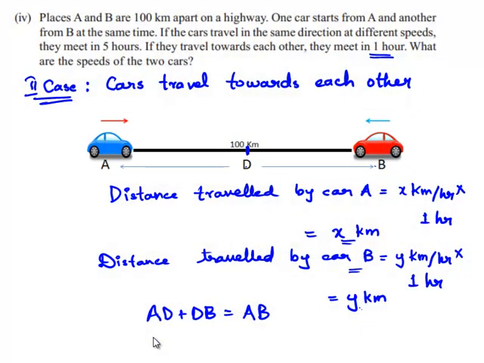AD is x kilometers, DB is y kilometers, and AB is 100. So x plus y is equal to 100. Let this be equation number 2. So we have obtained the two equations, that is x minus y is equal to 20 and x plus y is equal to 100. Let us solve both of these equations and find the values of x and y.